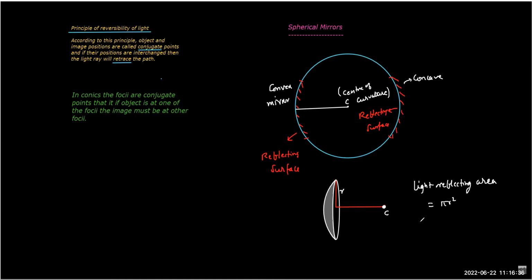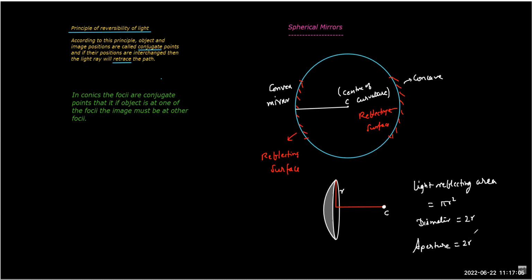So what is the diameter? We can say the diameter is 2r. Now the diameter is the longest linear dimension of the light reflecting area, and the longest linear dimension of the light reflecting area is called the aperture.